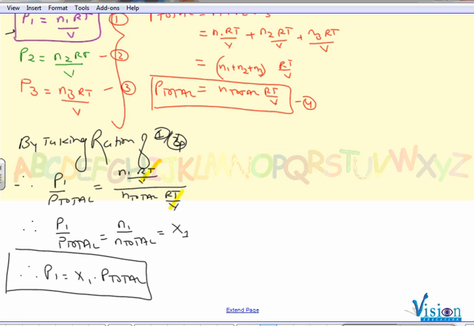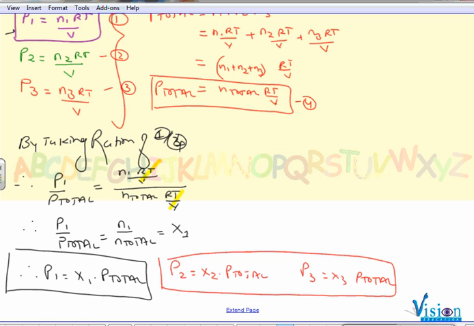Correct or not? Similarly, P2 equals X2 into P total and P3 equals X3 into P total. Am I right? Are you following me? What's the use of this equation?